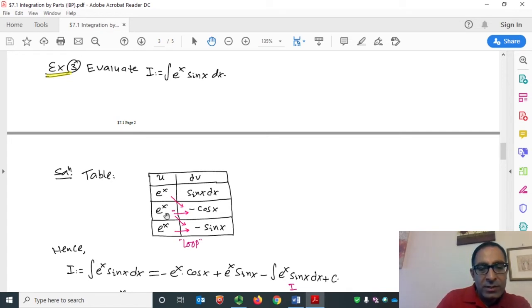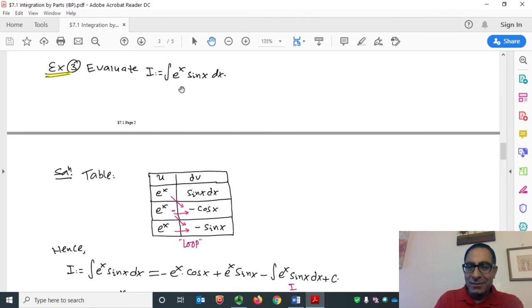That means take one more derivative of e to the x under the u column, which gives me the third row, e to the x. Take the integral under the dv column, the integral of cosine x, which gives us sine x. And now let's focus on this third row. Straight across multiplication gives us the integral of e to the x sine x. Wow.